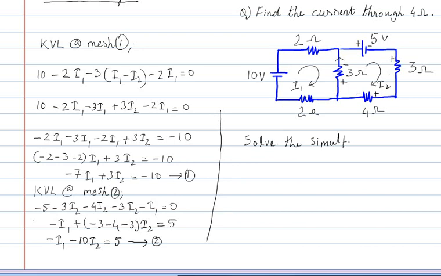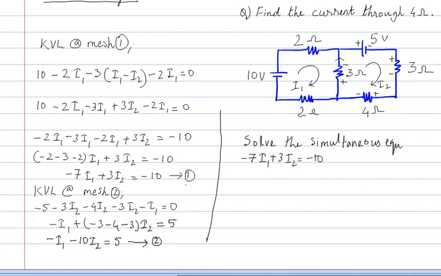So simultaneous equation, we know that if there are two unknowns, so here we are having two unknowns, I1 and I2. So there should be two equations. So we are having two equations also. So solve the equation. So the equation is going to be minus 7 I1 plus 3 I2 is equal to minus 10.